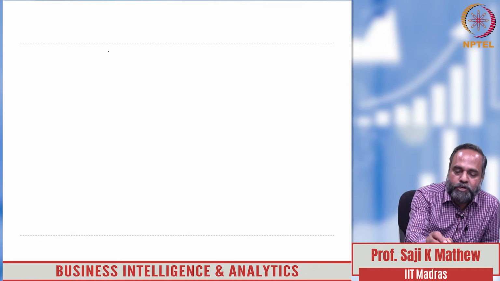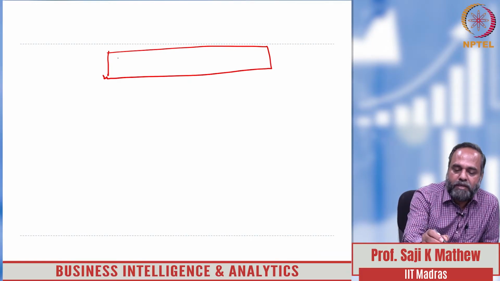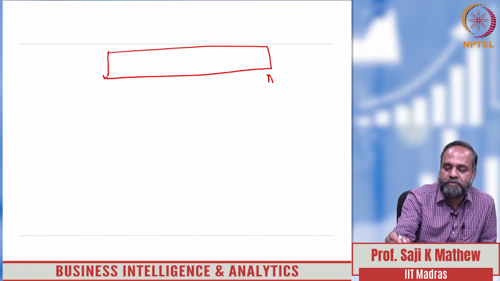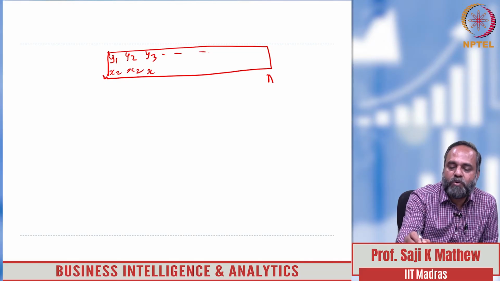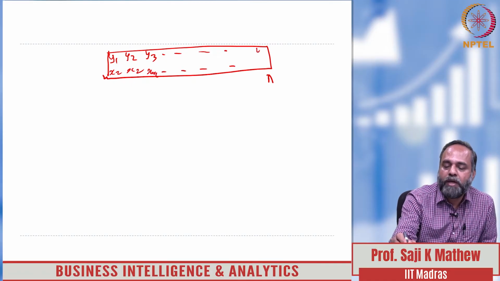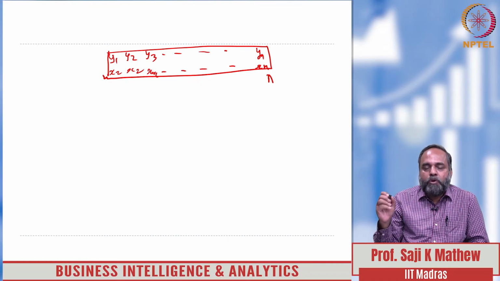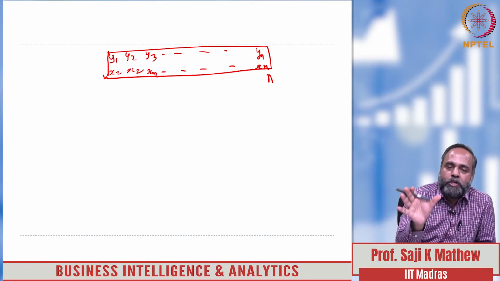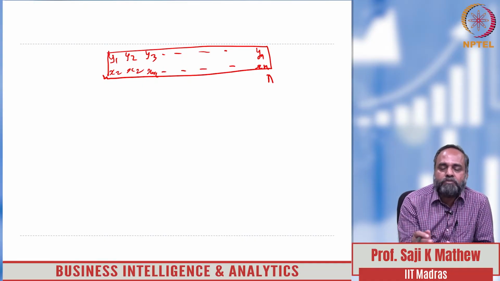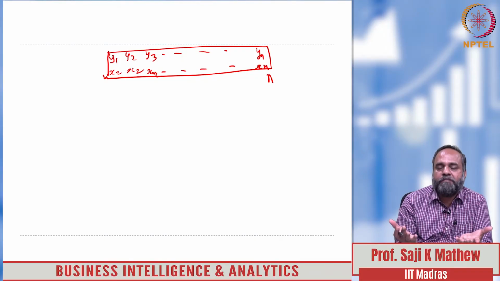Suppose your data set is this. The total size of the data is n. So you have y1 x1, y2 x2, y3 x3, so y data and x data, up to yn xn. In a pure explanatory project, like what I explained in one of the previous slides, you will use the whole sample for building the model, because your purpose is to explain the relative importance of the different variables in a model.